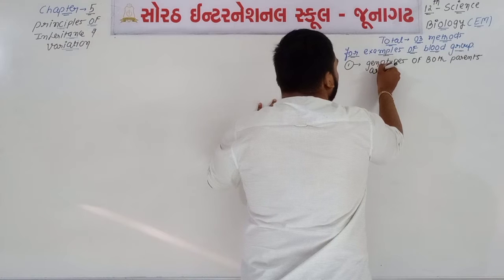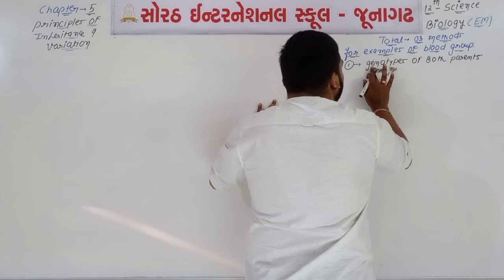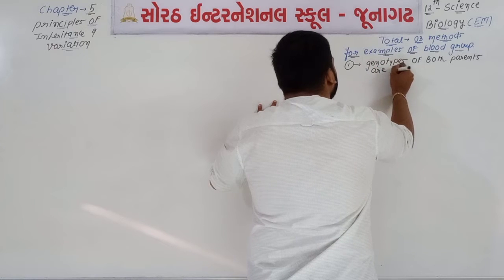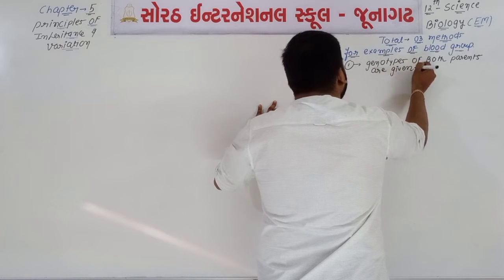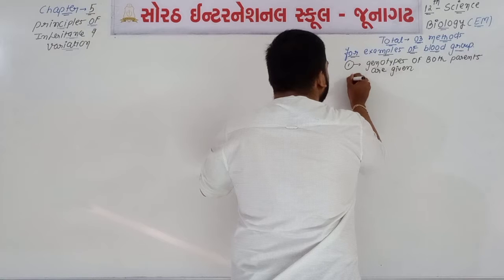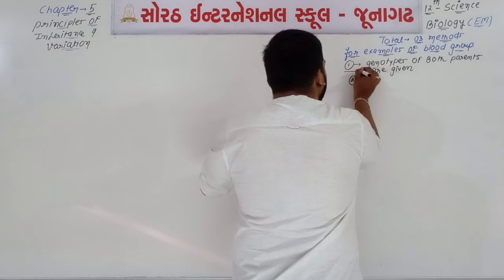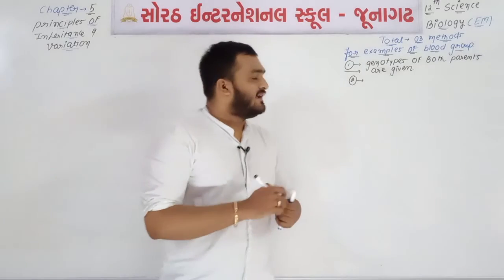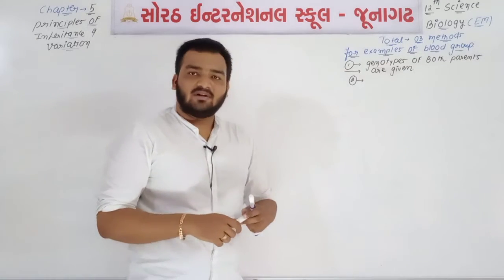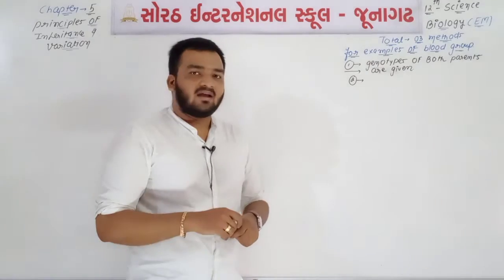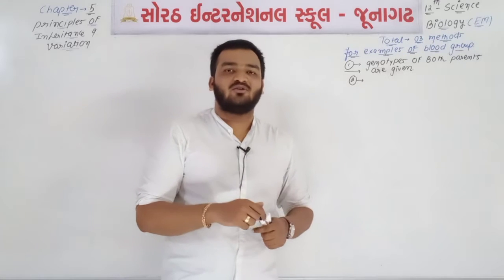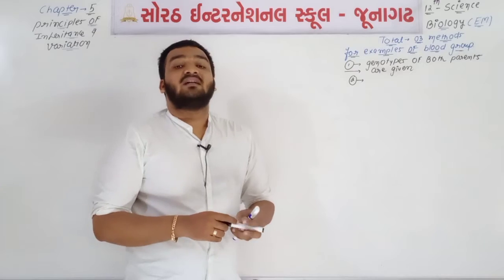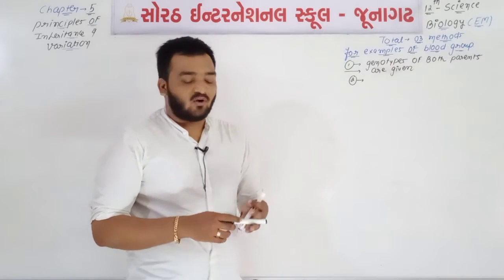Remember, the first method was 100% completed in the last video lecture. If the genotypes of both parents are given, then from the genotypes we can determine the genotype of the progeny, and from the genotype we are able to determine the different blood groups and the ratio of blood groups of their progeny.